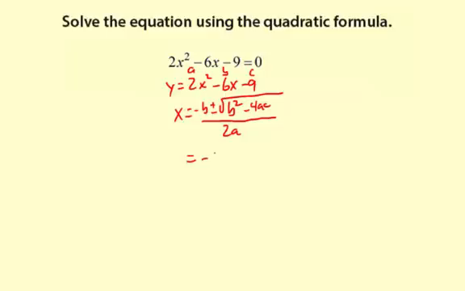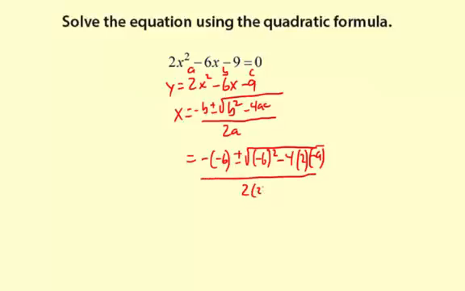So negative b is the negative of negative 6, plus or minus the square root of negative 6 squared minus 4 times 2 times negative 9, all over 2 times 2.